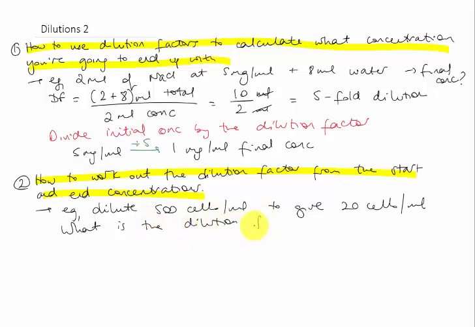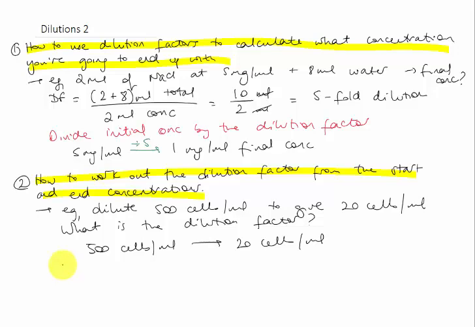How much are we diluting them? So here we could write it out by saying 500 cells per mil, and there's an arrow, and it goes to 20 cells per mil. And what do we need to write over the top here? Divided by something to get us from 500 to 20.